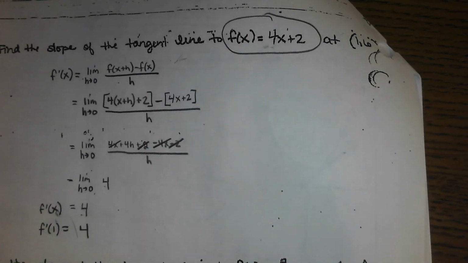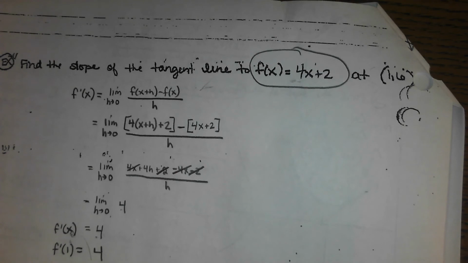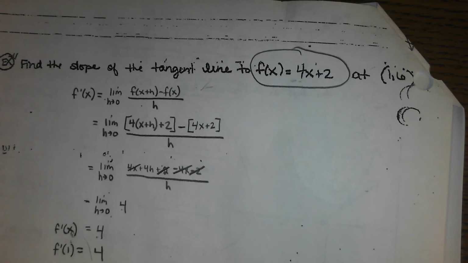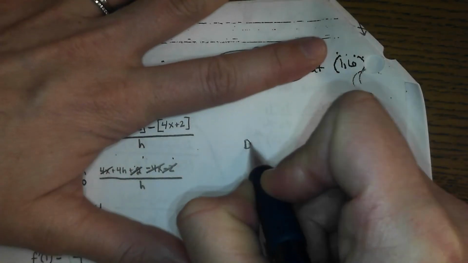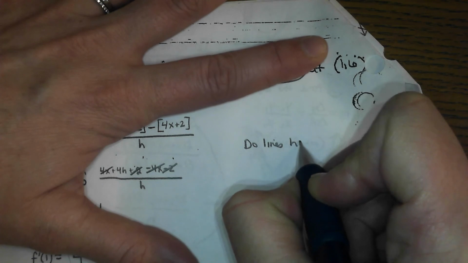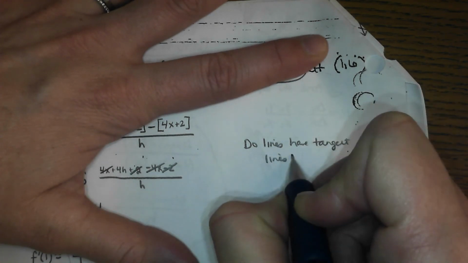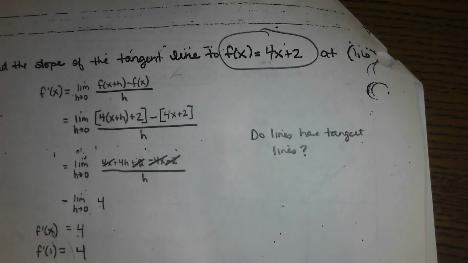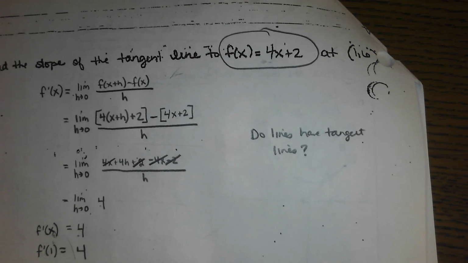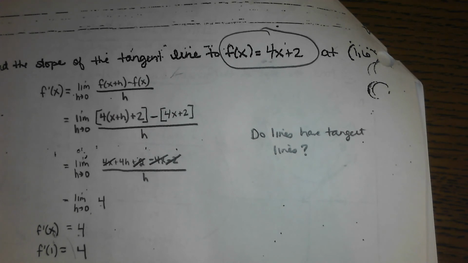You can't do it. So lines don't have tangent lines. Well, that's a great question. Do lines have tangent lines? We're going to Google that in a minute. I'm going to say no. That's kind of a weird concept, but I wouldn't put it past math to have some sort of funky answer to that.